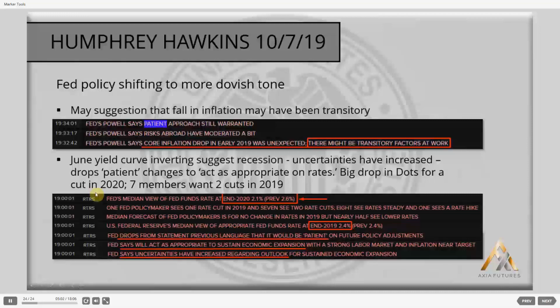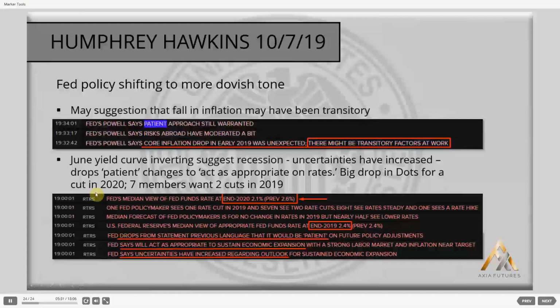Uncertainties have increased was the language that they started to use as well. They dropped their reference to patient and instead changed that to the Fed would act as appropriate on rates and that it would monitor inflation going forward. We saw another big drop in dots, now suggesting that you're going to get a cut in 2020, and also that you had 7 members now wanting 2 cuts in 2019.